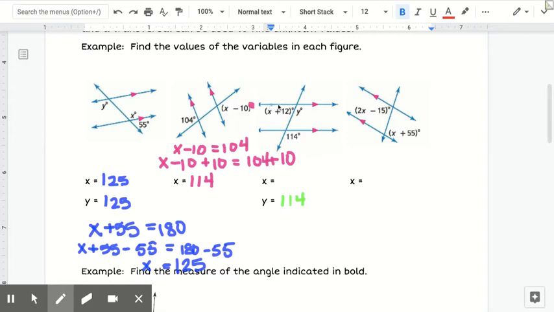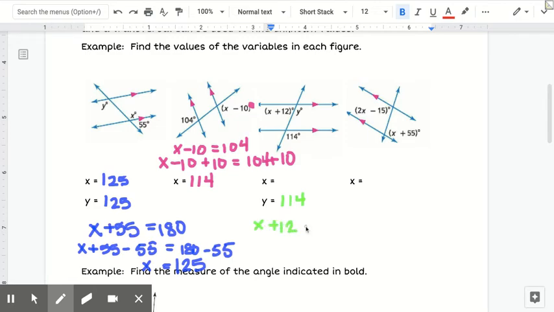From there, I can use the fact that this is 114 to help me find x. The relationship between this 114 angle and the one that involves the letter x is that they are supplementary. They form a linear pair. To find the value of x, I'm going to set up an equation.